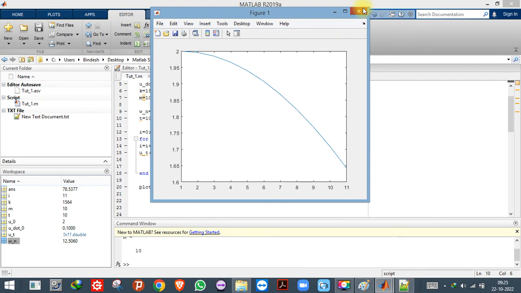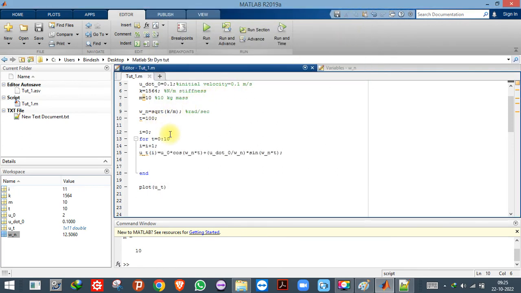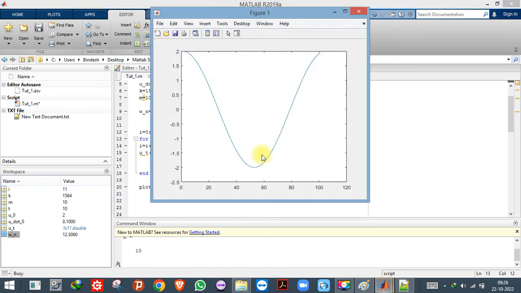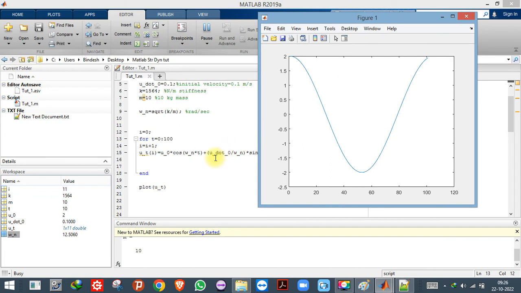It is increasing. Sorry, I'm checking it for 100 seconds. So in 100 seconds it has not completed one complete cycle.